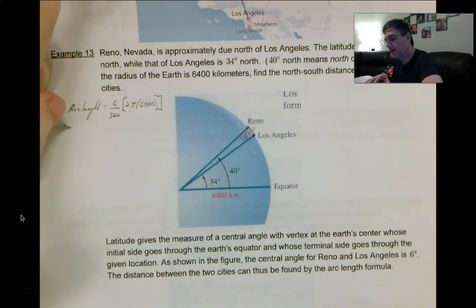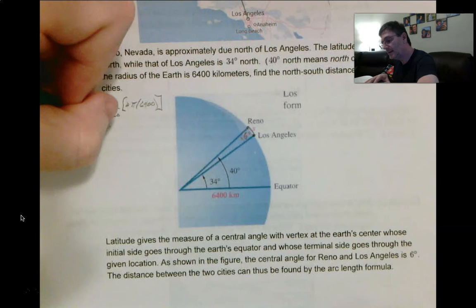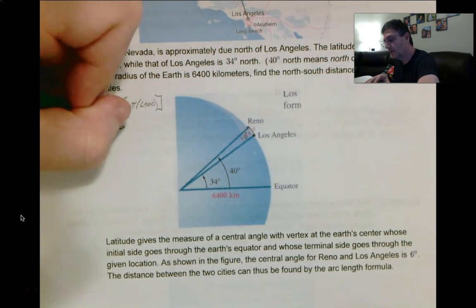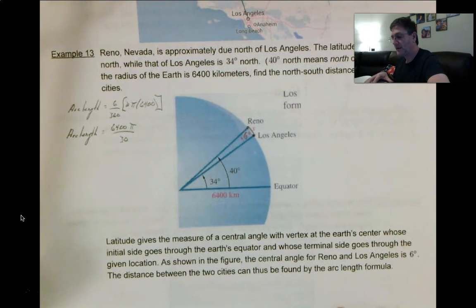Arc length, or distance between the 2 cities, equals 6 times 2 is 12. 12 goes into 360 30 times. So we have 6,400 pi over 30.